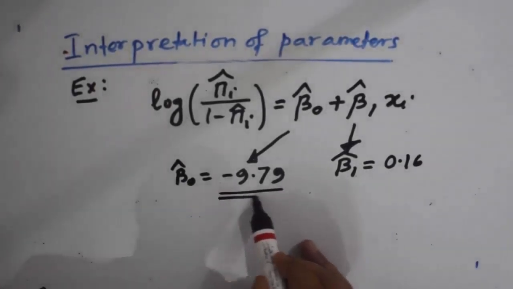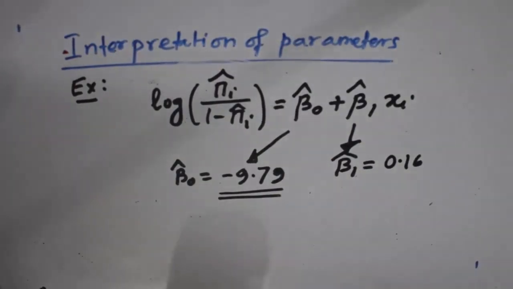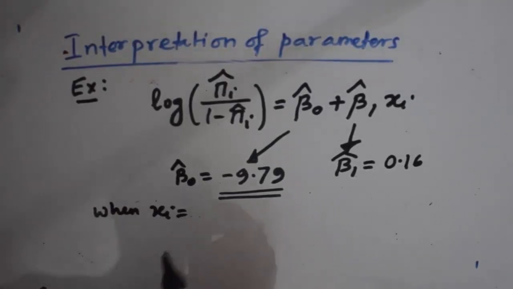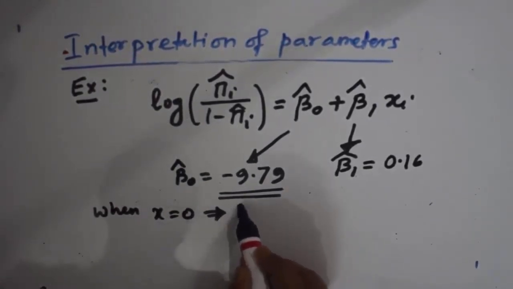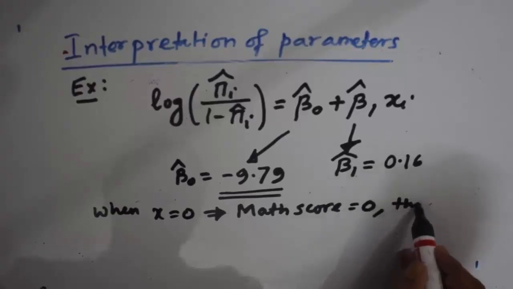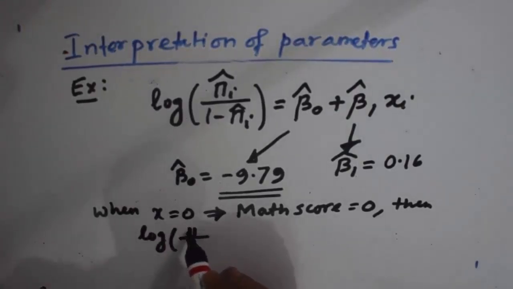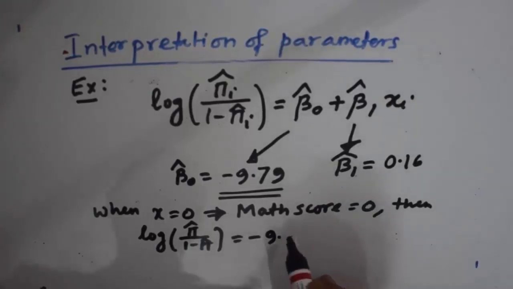So what is the meaning of minus 9.79? Now we see that when xi equals 0, that means when the math score is 0, then log of pi hat over 1 minus pi hat equals minus 9.79.